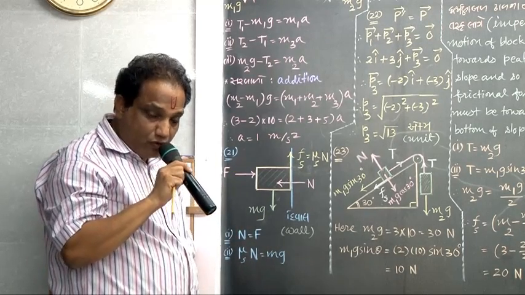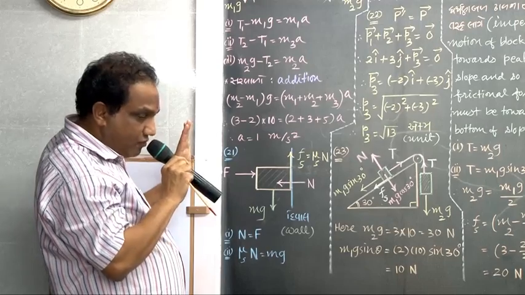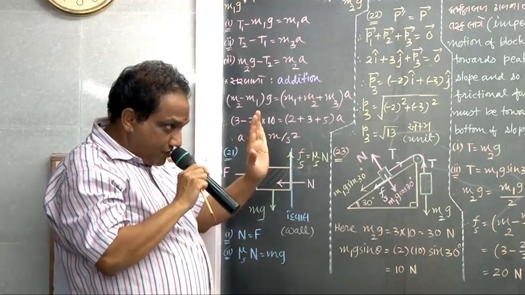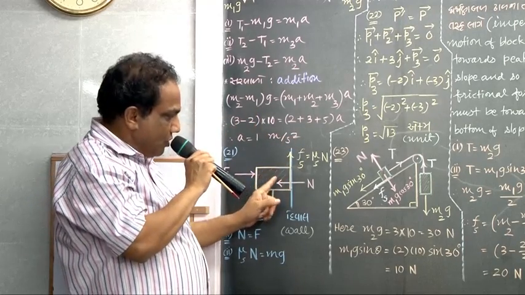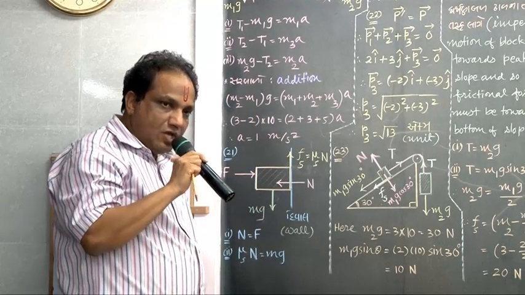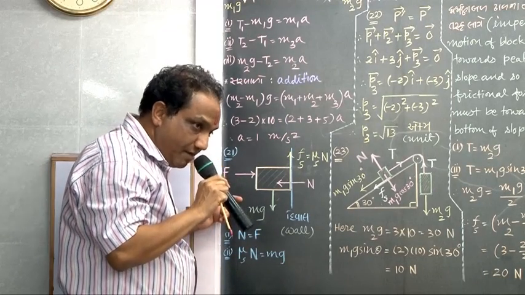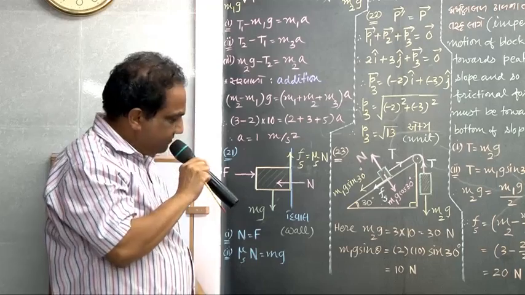And for that what do we do? We exert some external force this way. We constantly apply that force and block remains at rest. What minimum force should we apply? That is what we have to find out.